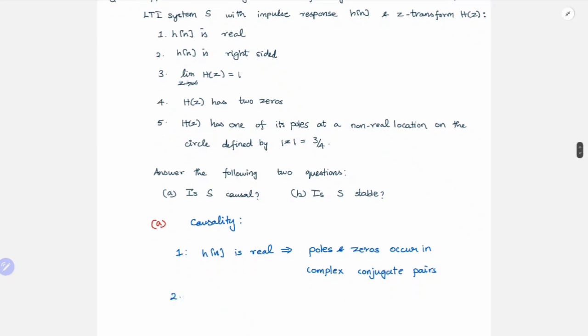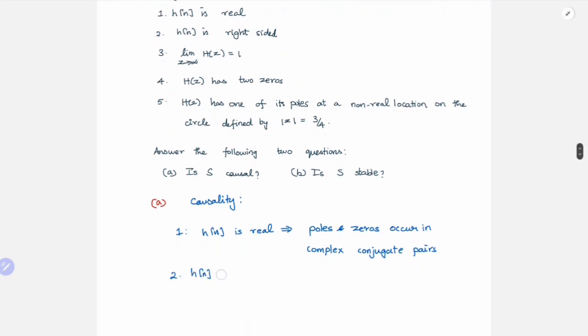Okay, the second fact says h of n is right-sided, which means your ROC will extend from the outermost pole to infinity.